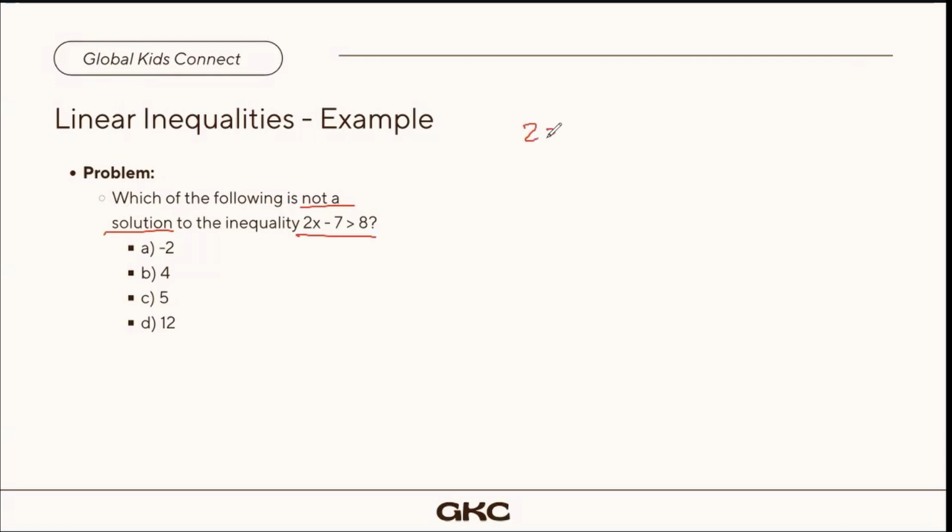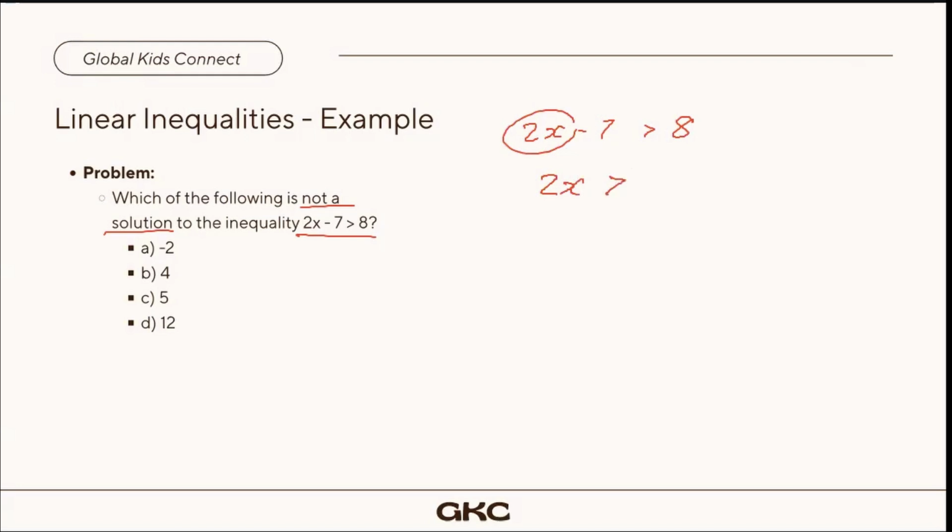When you're given an inequality, think of it as the same as a normal linear equation in which you can move around the numbers and the variables. If we keep the x variable on the left side as it is, we will have 2x.